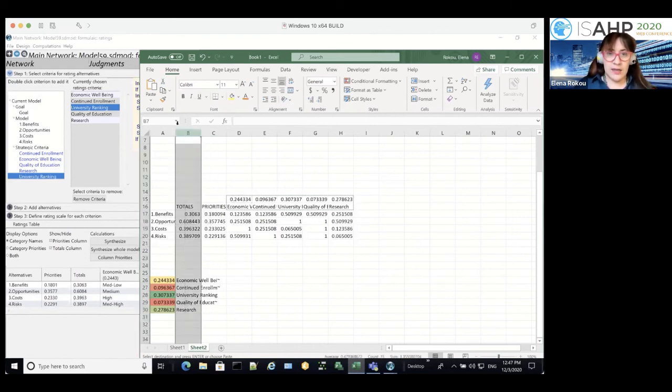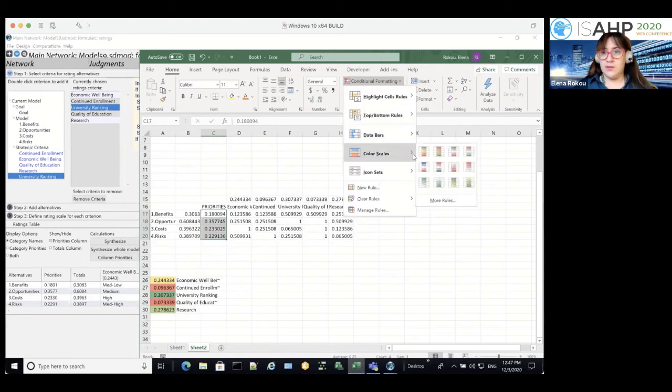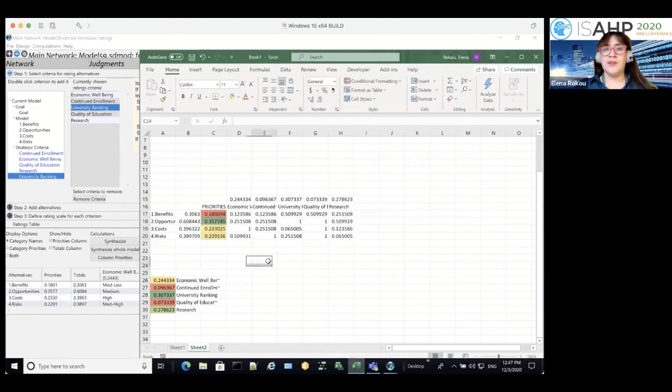And although I don't need the totals for my calculations, I do need the priorities. And these priorities show me that the highest priority is given to the opportunities presented by the solution.